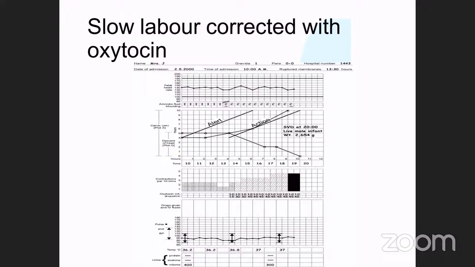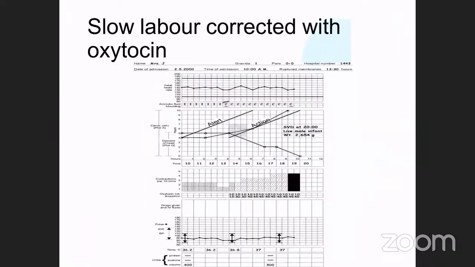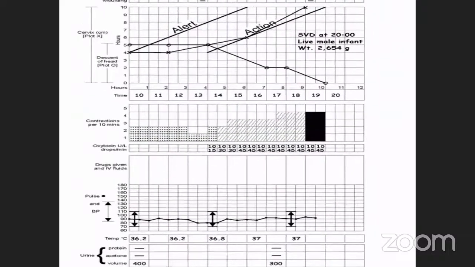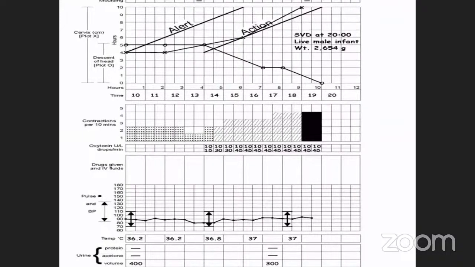So we now commenced augmentation with 10 units of oxytocin in 1 liter, and it was dropping at 15 drops per minute initially. Then even at that, it was not progressing well. They increased it to 30 drops per minute, then 40 drops per minute. And by the time it was at 40 drops per minute, she eventually progressed and delivered.